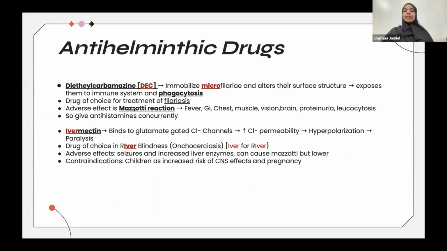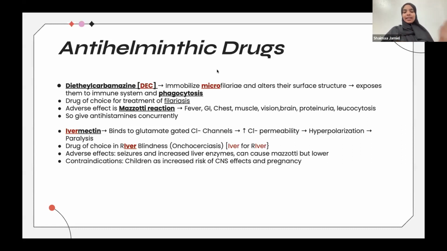Mazzotti reaction is basically when the filariae die, the microfilariae die, and then after that, there's a very important immune reaction, which causes all these symptoms. Every organ is affected. Fever, the GI, the respiratory, muscles, eyes, brain, kidneys, everything is affected, okay? And therefore, when you're giving diethylcarbamazine, you should give with it antihistamines at the same time, diphenhydramine, okay?